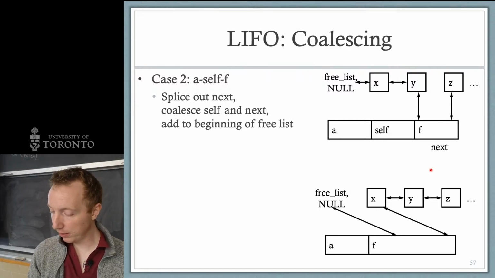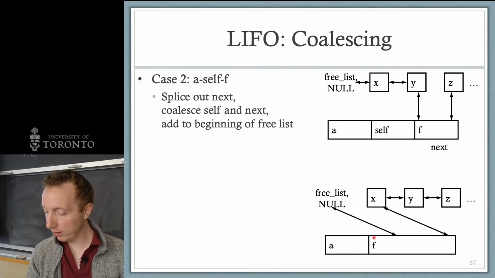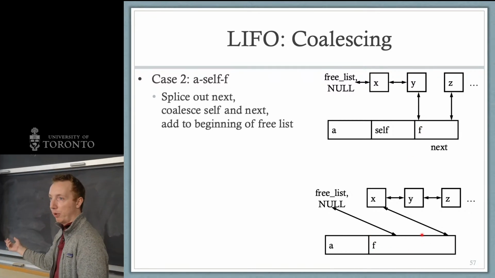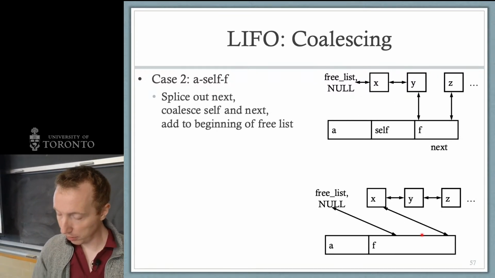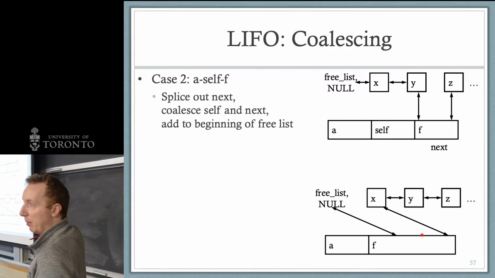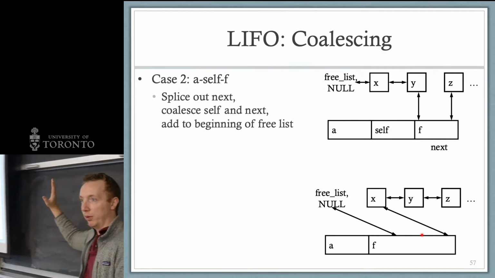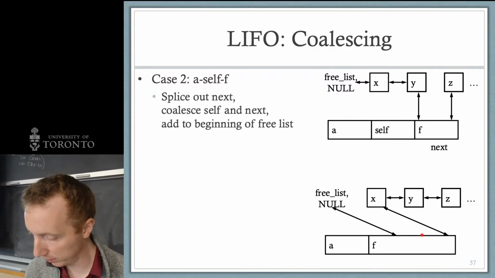So I need to fix it up so that just Y points to Z. So I'm essentially removing this free block from the list, and then I coalesce it, and then at that point I add it to the beginning of the free list. So does that make sense with everyone? Same idea as before, same coalescing rules. I just have to make sure that I don't screw up that free list.